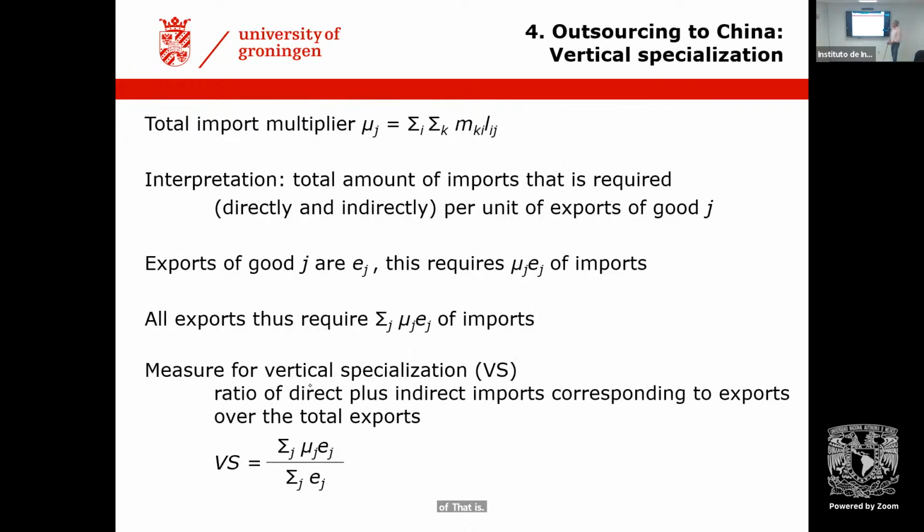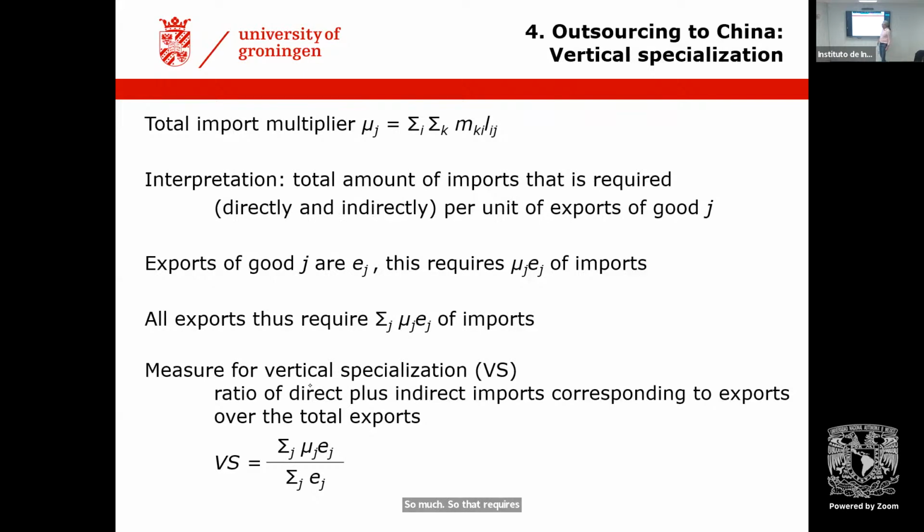Well, I'm not going to export 1 renminbi of good j. I'm going to export E_j, so much of good j. So that requires mu_j times E_j of imports.